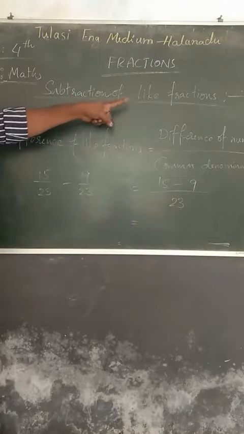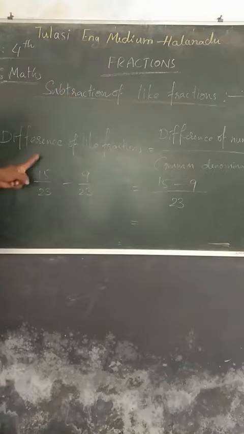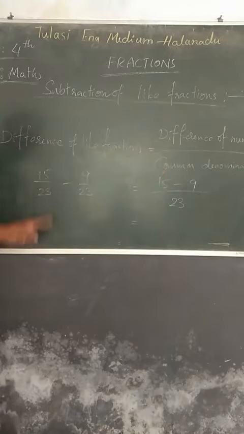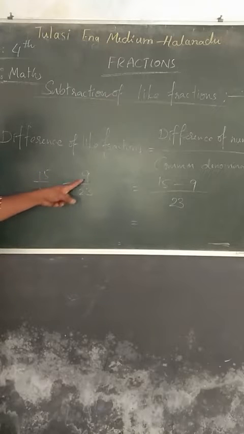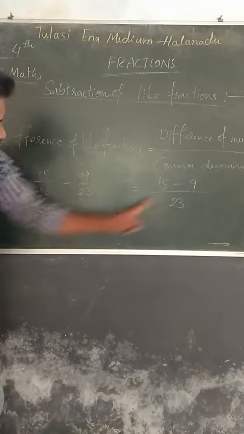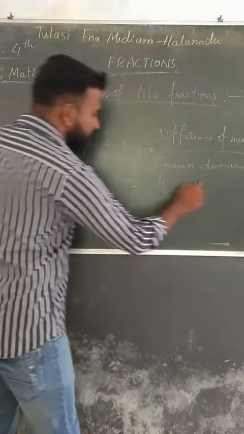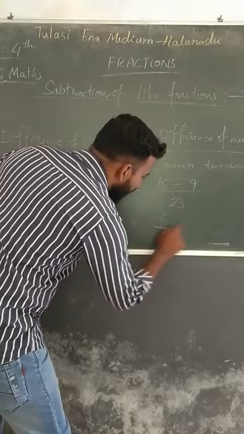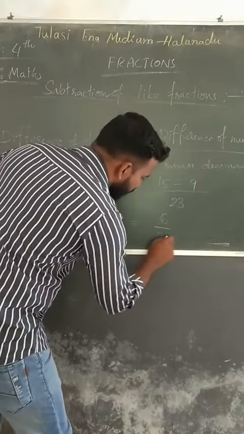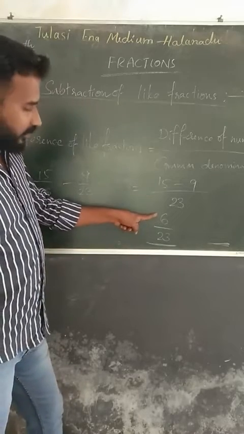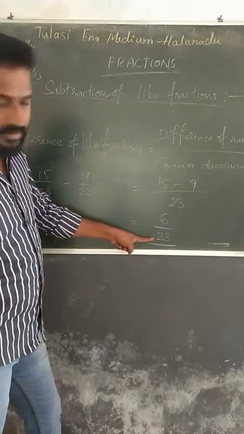Same as addition of like fractions, here subtraction. In the place of sum, we have written difference. Difference of numerators, here common denominator. 15 minus 9, denominator same. 15 minus 9 is 6, denominator 23. 6 by 23, it's in simple form.